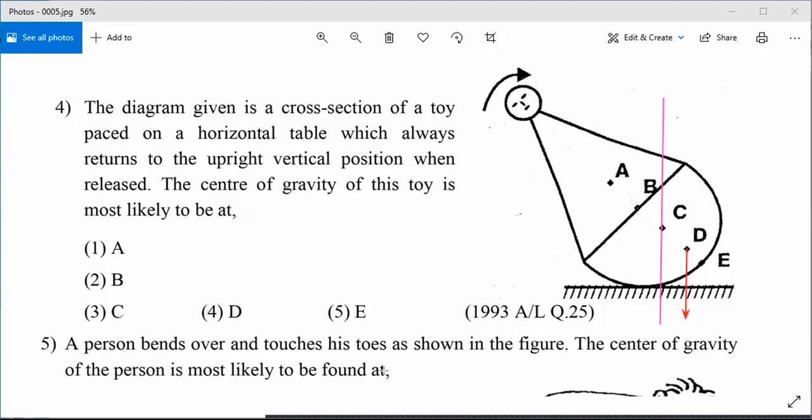About the point of contact, the mg force is acting through point D. Therefore, the center of gravity should be at the point D. Next point, if D point is the center of gravity, the weight force mg will rotate the object and keep the object always in vertical position.